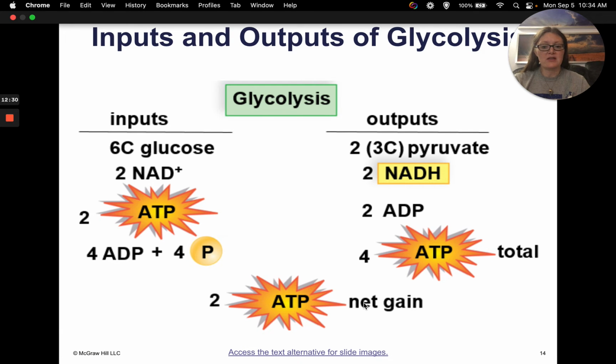We're going to get that 2 net ATP, and this is what we have coming out. We have the 2 pyruvates. This is going to go on to the next step of cellular respiration. Now we have the 2 NADHs, and those NADHs are also going to go to the next step of cellular respiration. And then we have 4 ATP that were created with a net gain of 2.